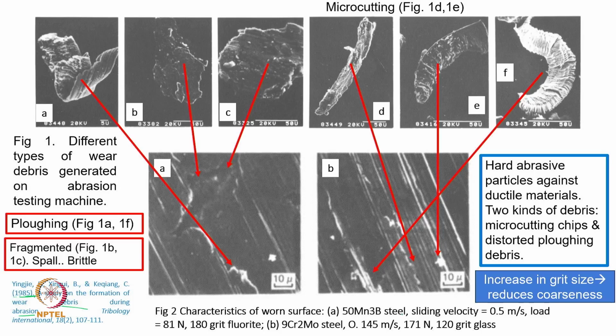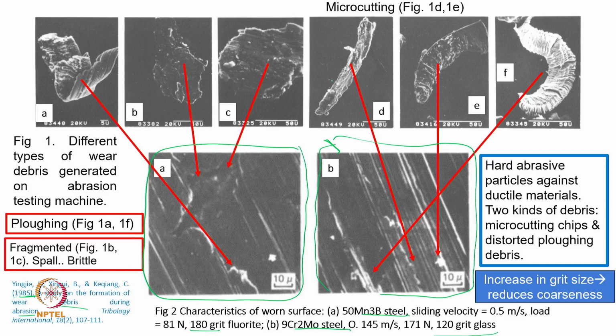They use 2 different kinds of steels, A and B. The image has been shown for material A, and this has been shown for material B. You can see here the 120 grit size has been used, and in this case 180 grit size. We know very well, as the grit size increases, the abrasiveness will reduce, or maybe the hardness of the abrasive particle will reduce. So, B is subjected to a harder particle.